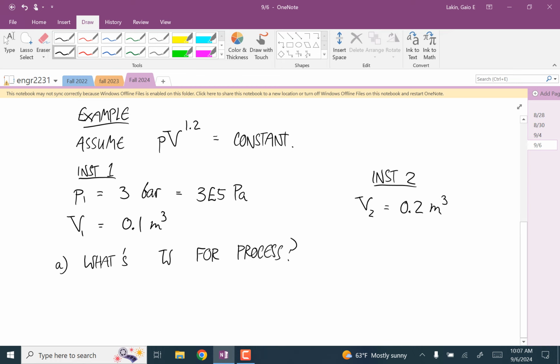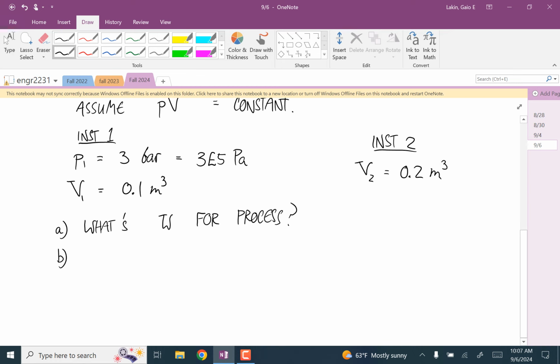Let's make that part A. And then for part B, let's say if the system is well insulated, what's the change in internal energy?